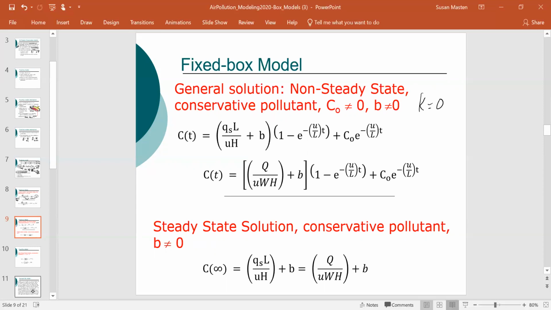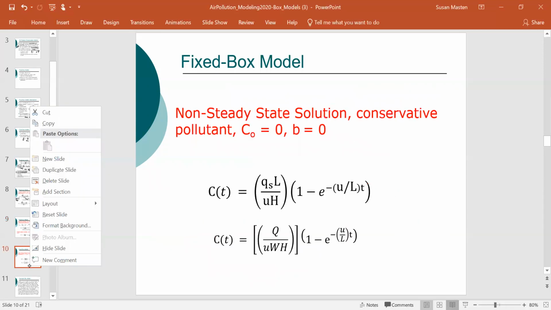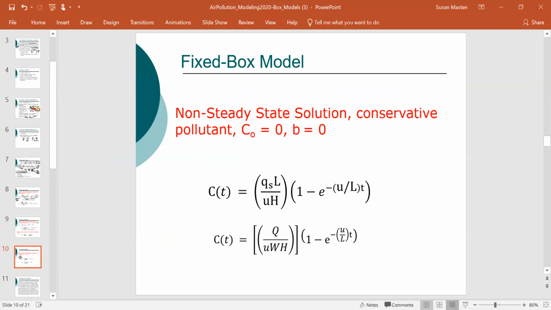If we have a steady state solution, then all the exponential terms drop out, and we have a much simpler solution here. And finally, in this case, the initial concentration is 0. There's no contaminant flowing into this cell, so we have this equation.